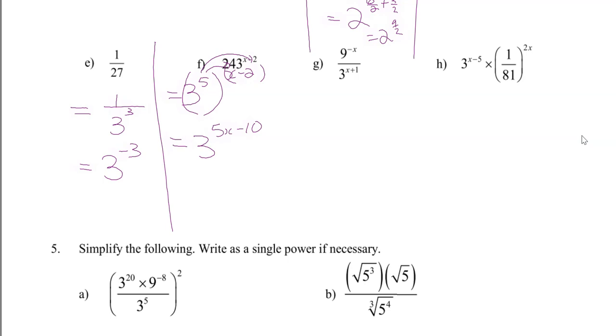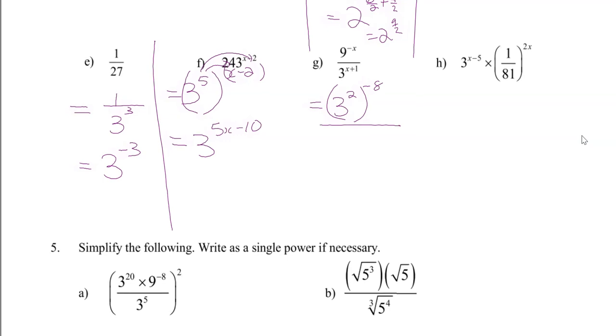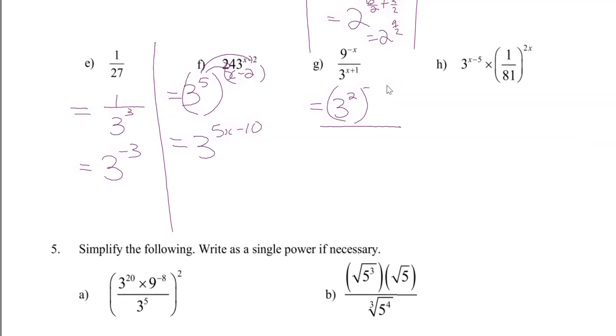9 to the negative x. Well, 9 is 3 squared. Negative x, not negative 8, negative x. 3 to the x plus 1. Up top, simplify: power to a power, multiply the exponents. 3 to the negative 2x over 3 to the x plus 1.